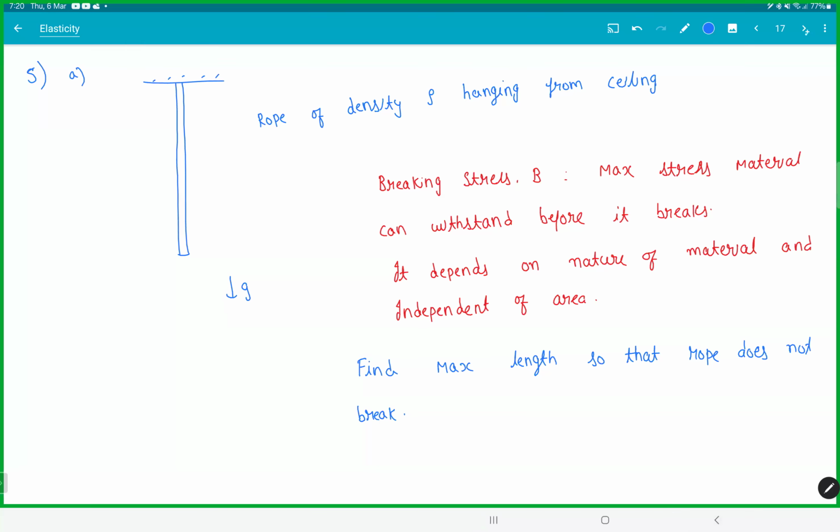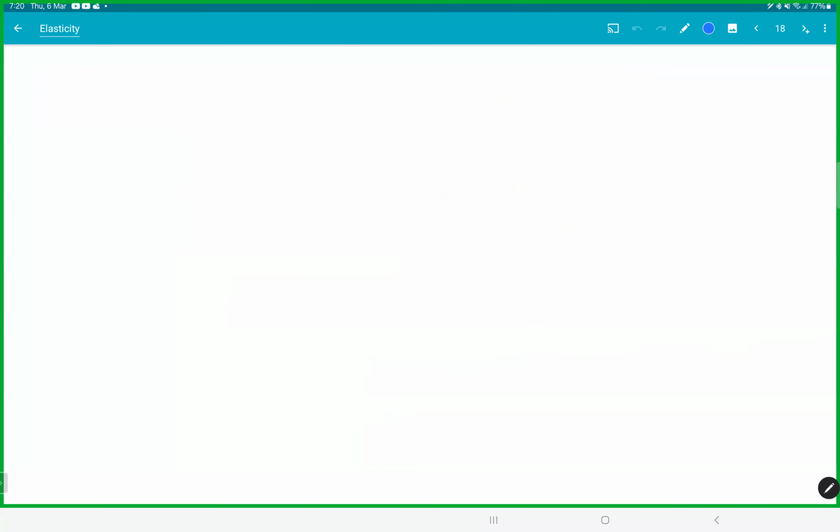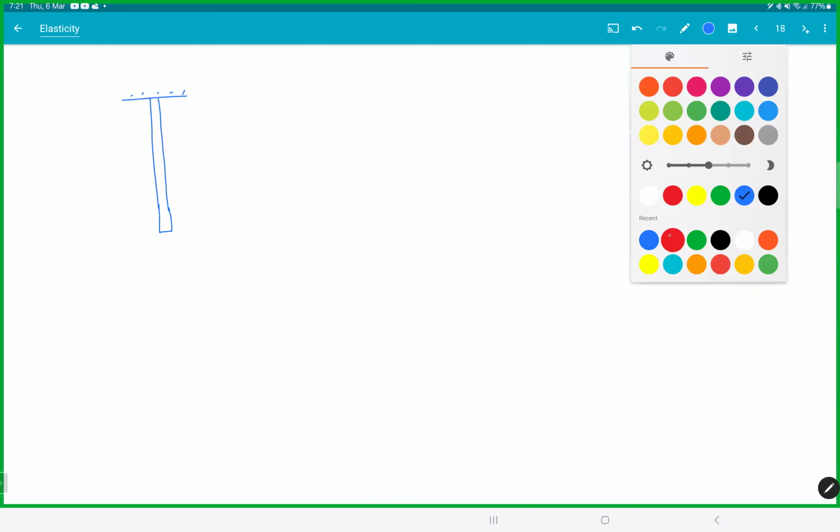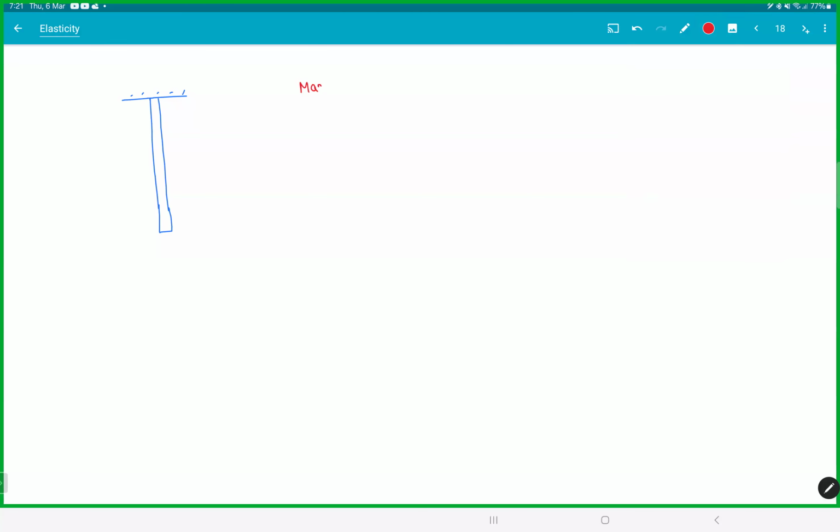Let's see. So which point is the weakest spot in this thing? The topmost point, isn't it? So we have maximum stress at the top.